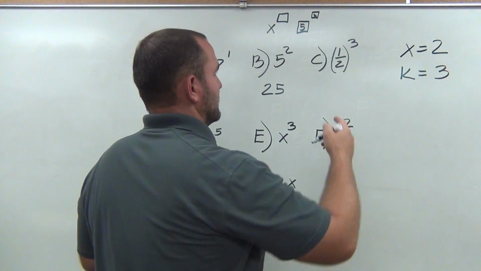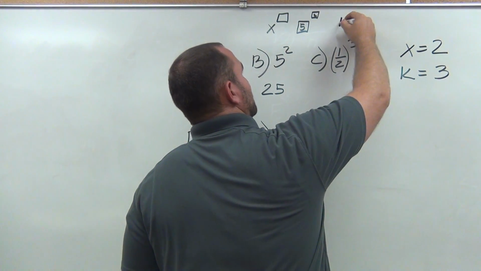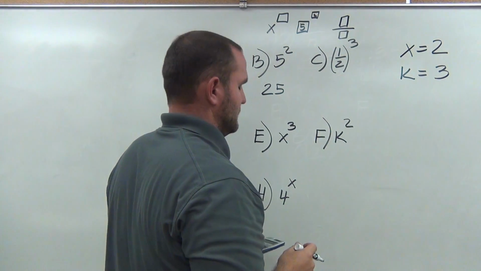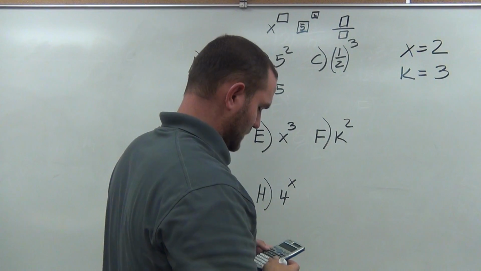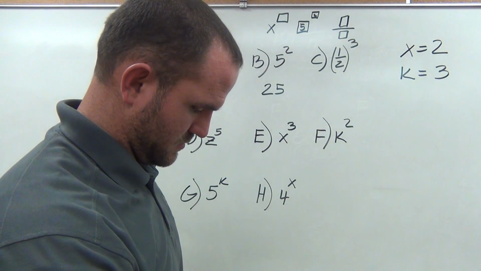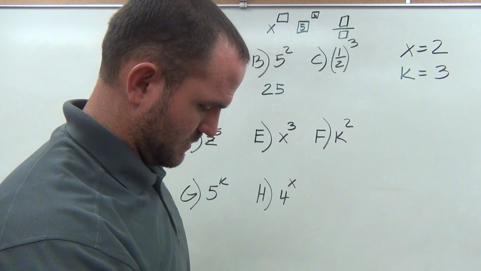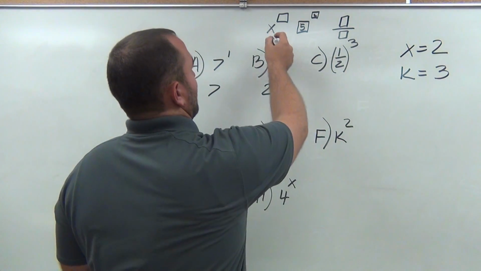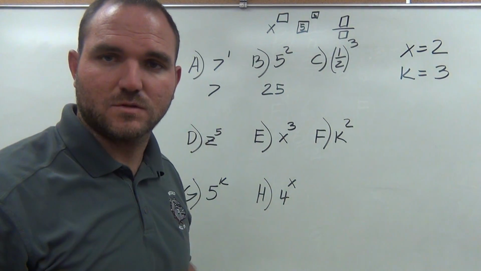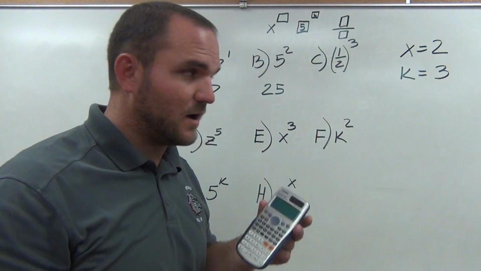So in order to do something like this, you need the button that looks like this. Two boxes. So that'll give you that. You fill in the boxes, and then you press the same X with the square up in the exponent spot. And that'll give you a spot for your exponent.